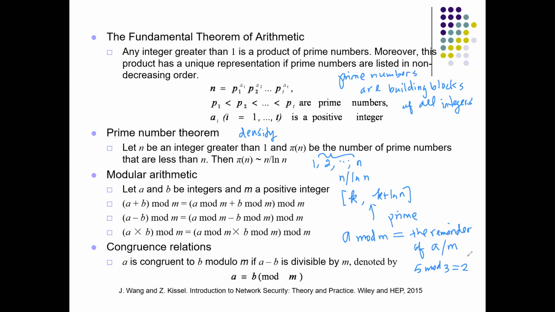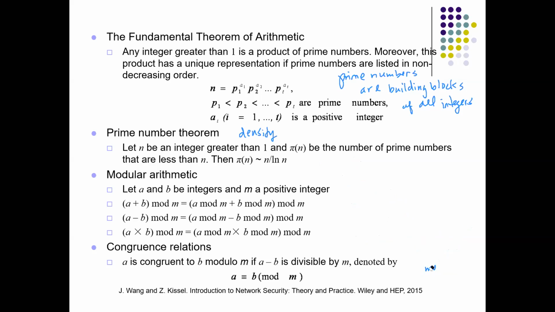So then this means we can write A mod M in terms of the quotient, so let me use Q to indicate the quotient of A divided by M, plus the remainder.